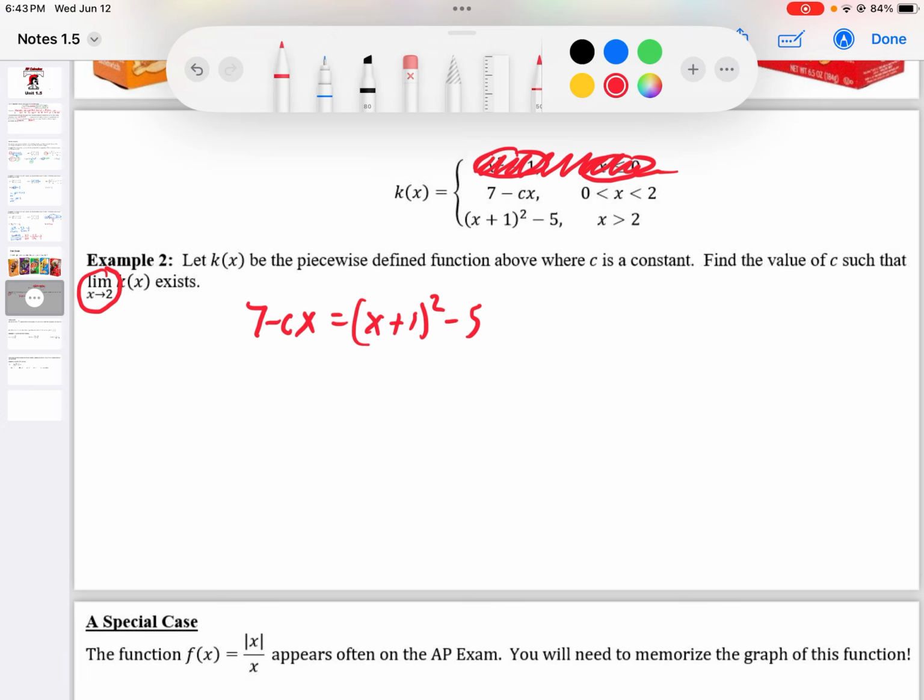I'll look at that and think, okay, I've got to solve this for c, but I've got c's and x's. We're trying to find c, so what should we plug in for x? We're going to plug in the 2. So it'd be 7 minus 2c. Because that's what we did earlier, right? The function value that I'm plugging in when x is 2, we did that all up here.